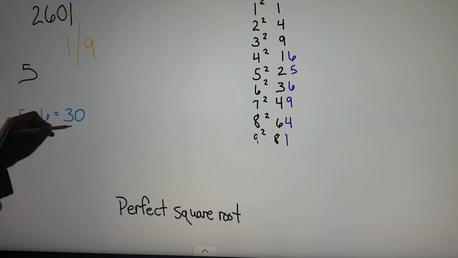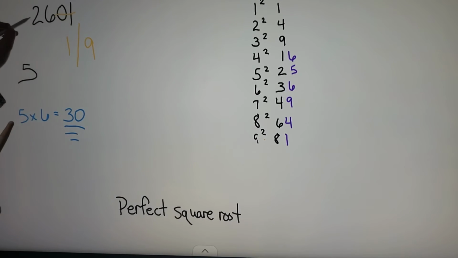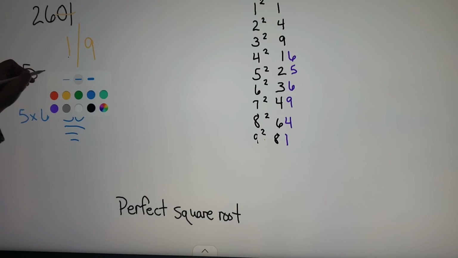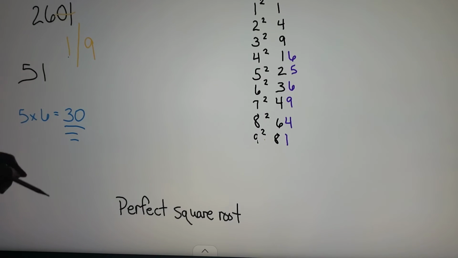Because 30 is larger than 26, we take the smaller number. If this number was smaller than this number, then we take the higher number. But because 26 is less than 30, we take the smaller number, which gives us 1.